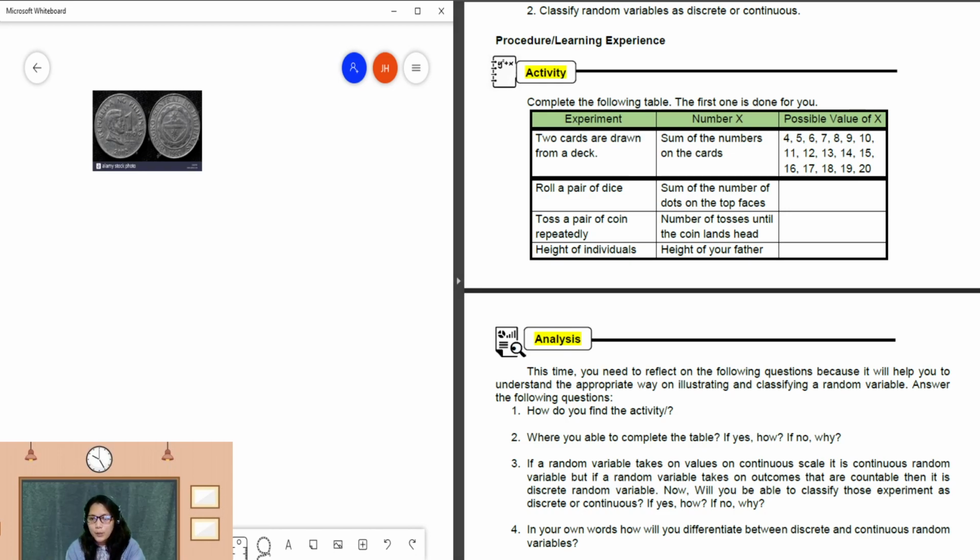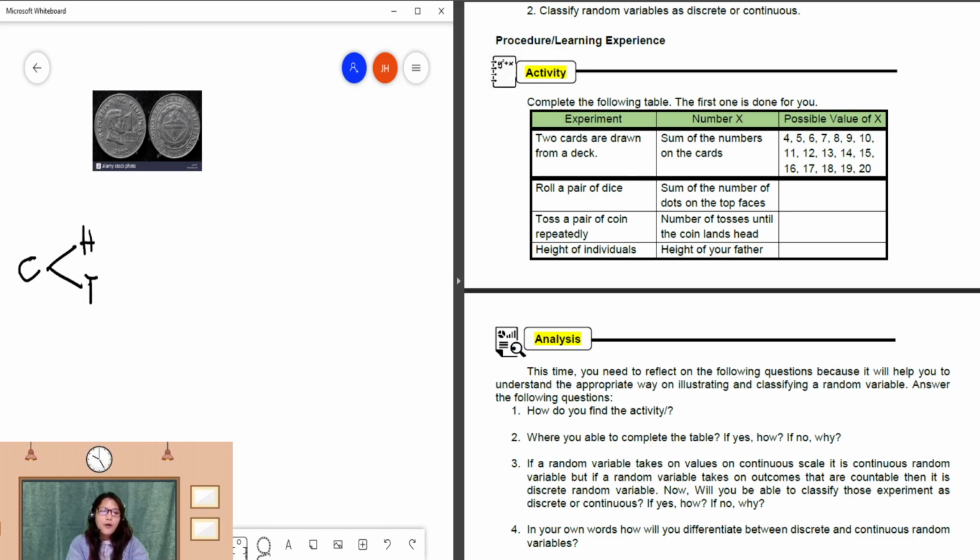Now, let's have number x. What are you going to do with the coin? Number of tosses until the coin lands head. The ending must be head. So, when will it land head? The possible values are only head or tail, right?